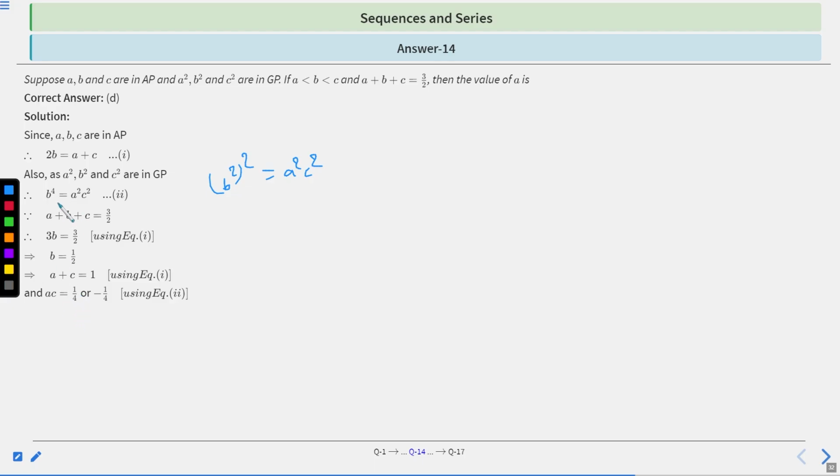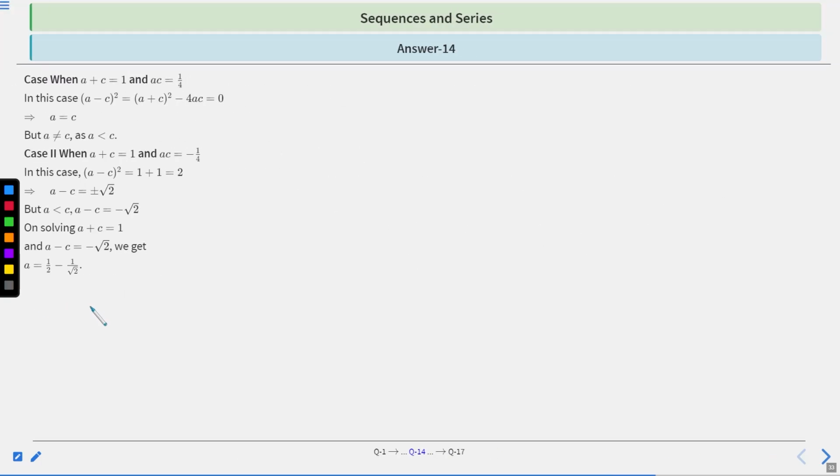Now b is equal to 1 by 2, so we can calculate ac from equation 2. So ac is 1 by 4 or minus 1 by 4. Case 1: when a plus c is 1 and ac is 1 by 4. In this case, (a minus c) square is equal to (a plus c) square minus 4ac, which is equal to 0.